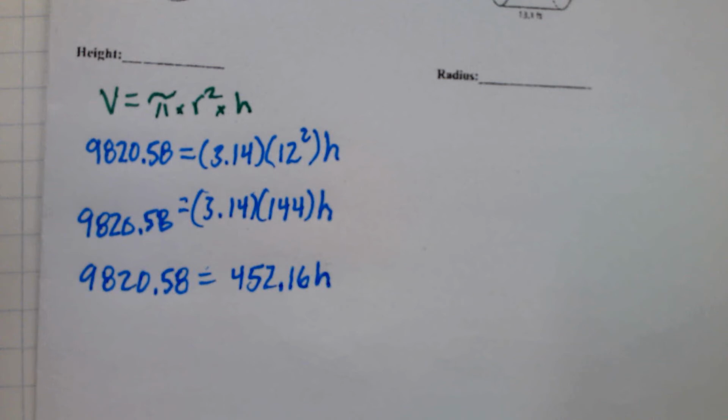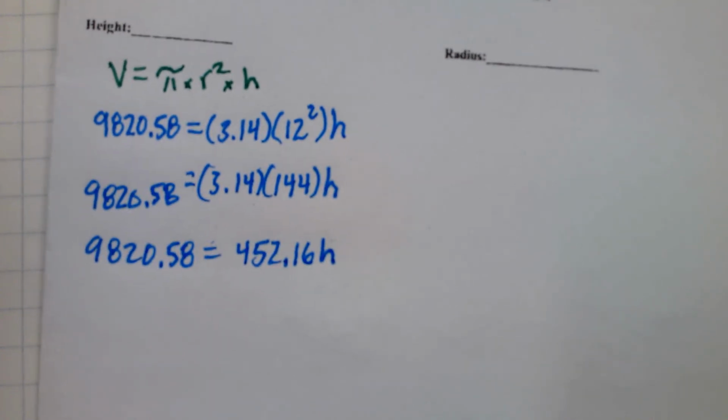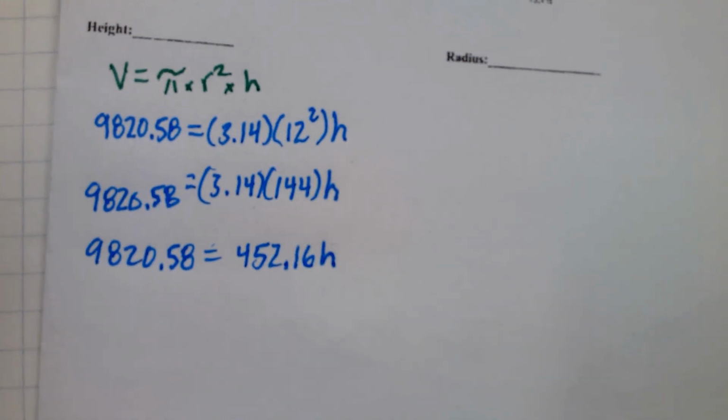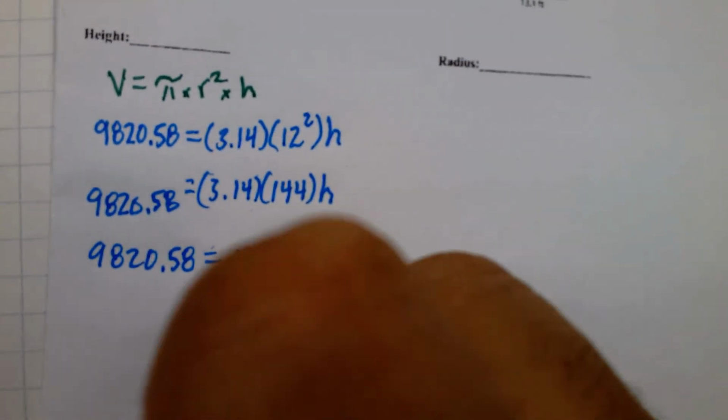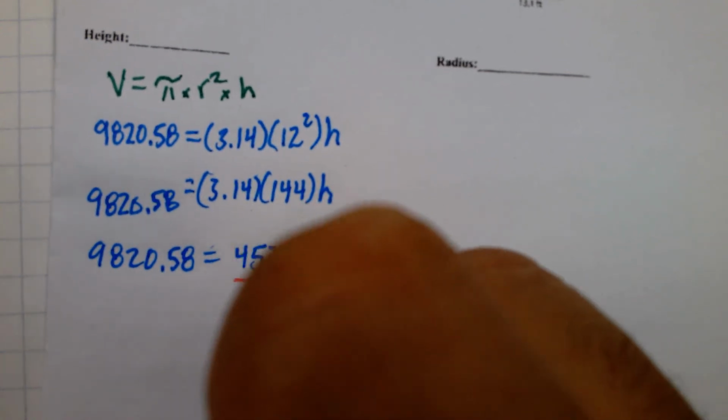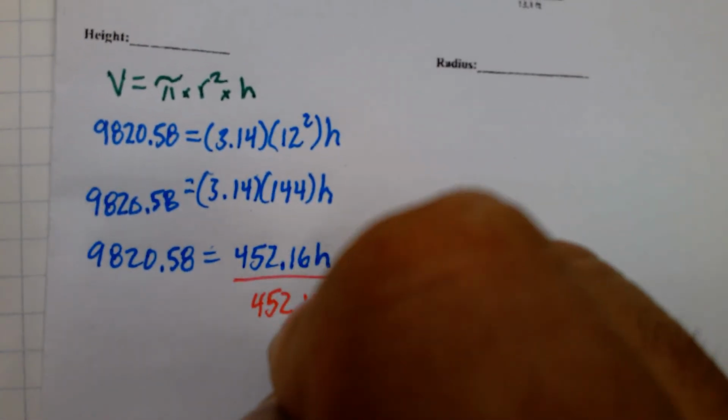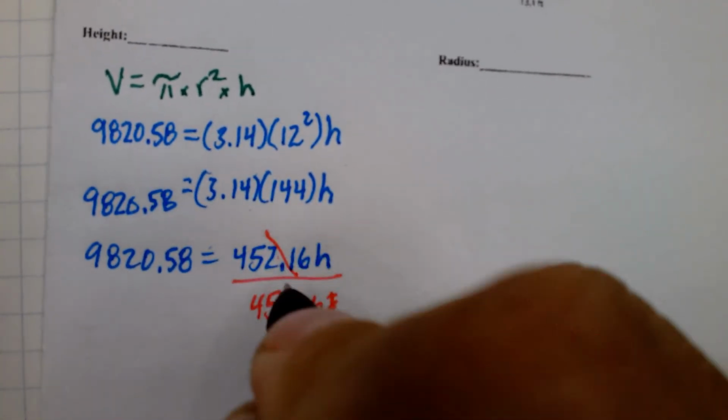And this is where that dividing comes in. It's like solving a one-step equation. I want to get h by itself, so divide by 452.16 on both sides. These cancel.